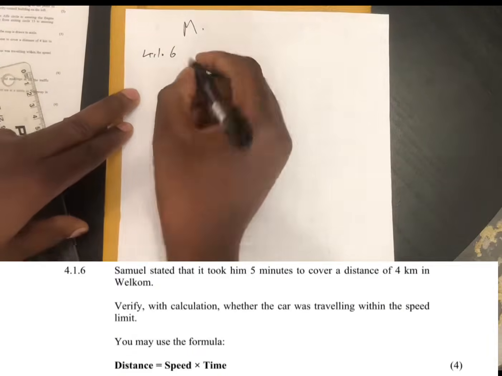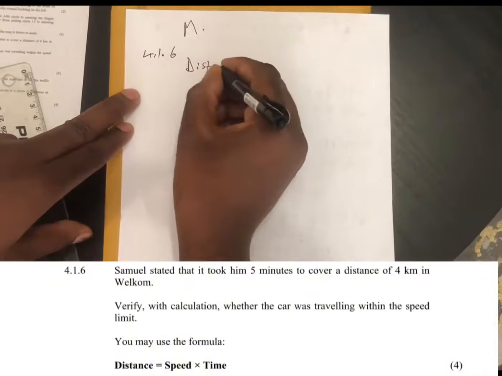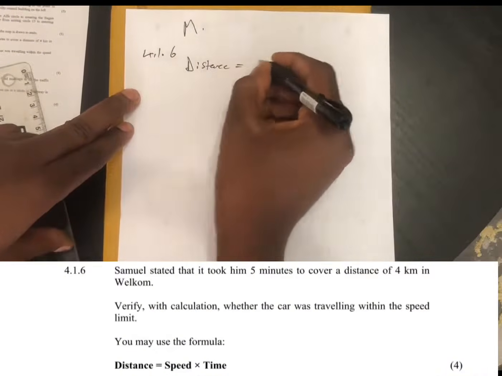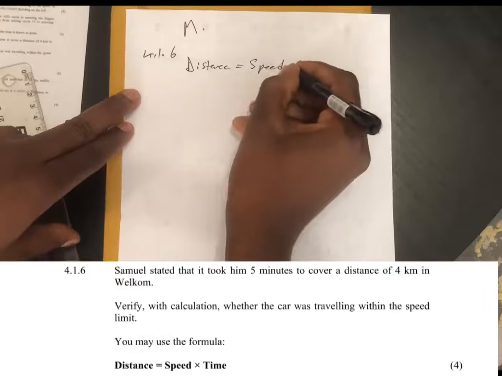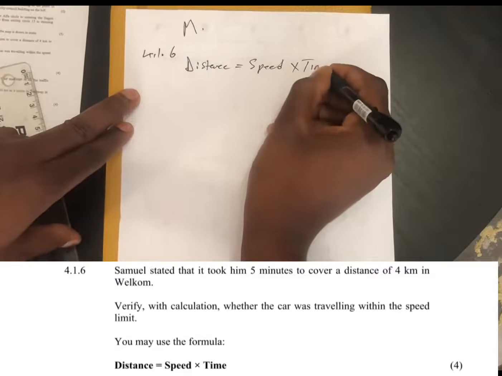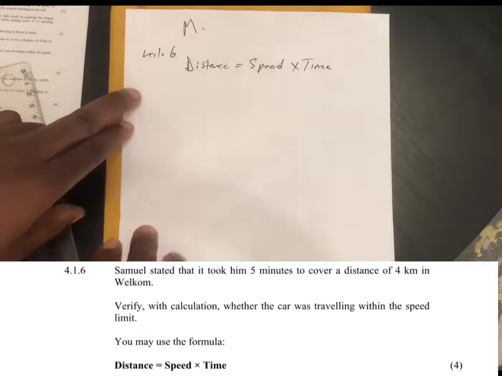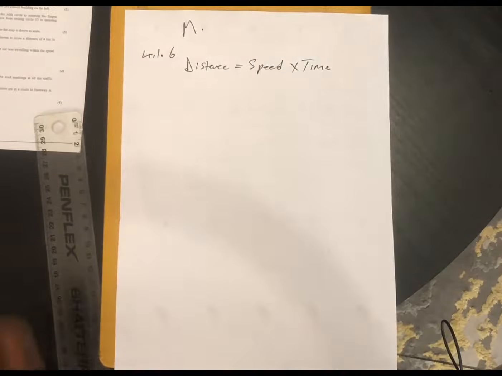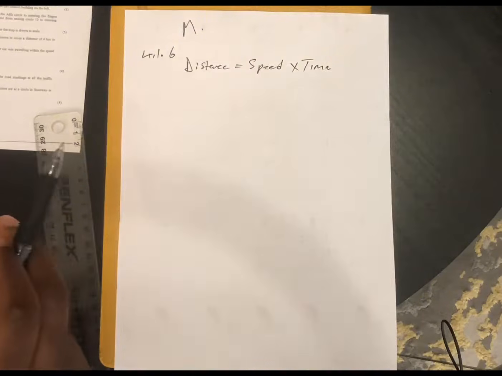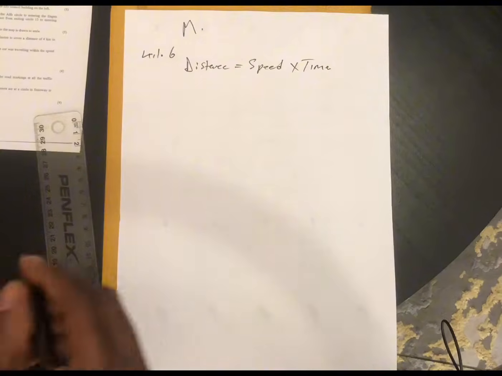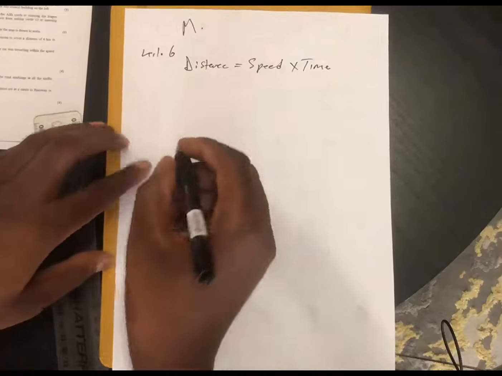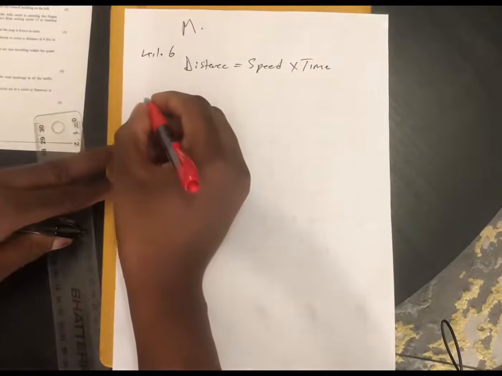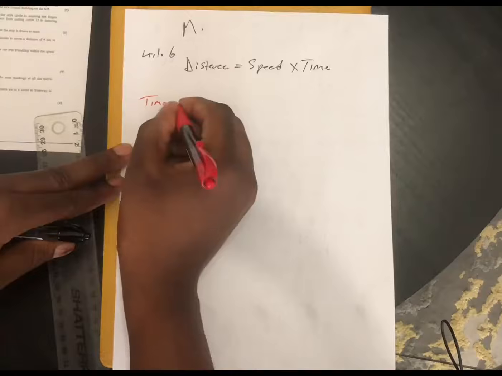They say we may use distance is equal to speed multiplied by time. So if you check here, he took 5 minutes to cover the distance. So let's write the given information down. Time is 5 minutes.